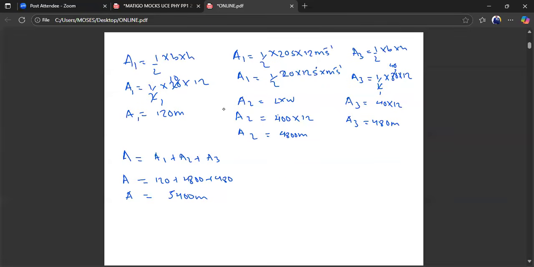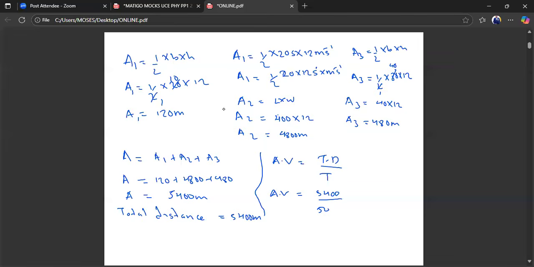Now, don't stop there. You come and say total distance is equal to 5400 meters. Now, let us come and get average speed. Average speed is equal to total distance divided by total time. Our total distance is 5,400.